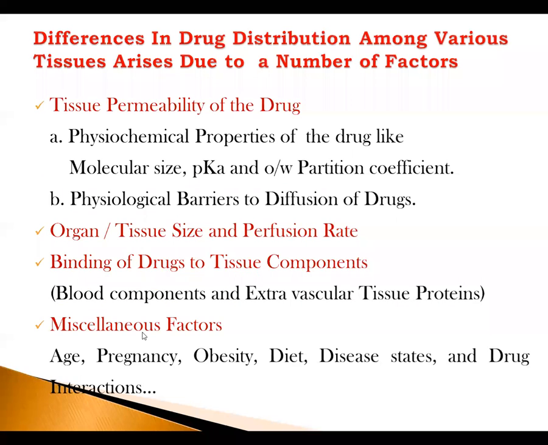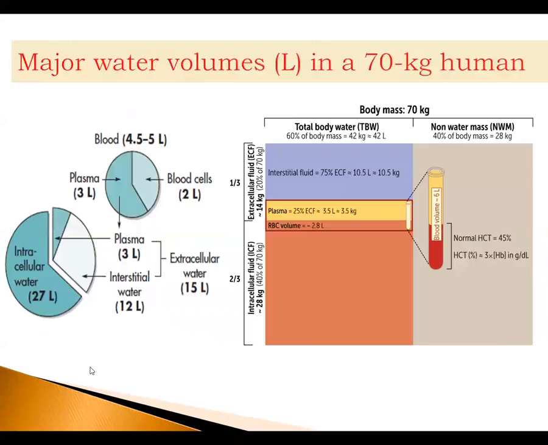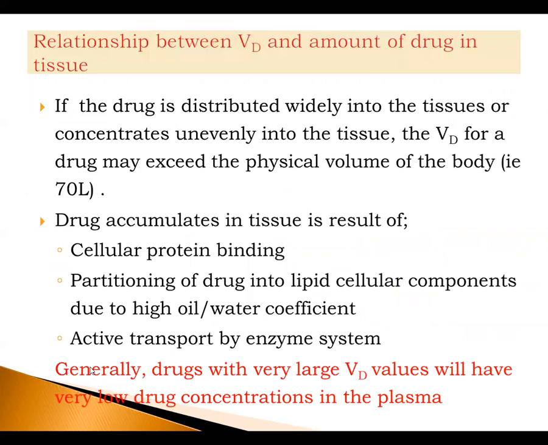Under miscellaneous factors, I highlighted the age difference between infant and adult, and also conditions like pregnancy. In every situation there is a change in body constituents, which can affect the volume of distribution. Adding to that, I'm highlighting one or two points.